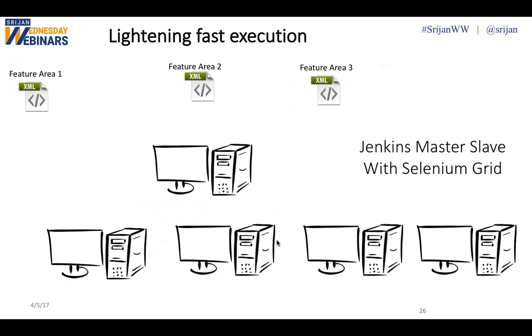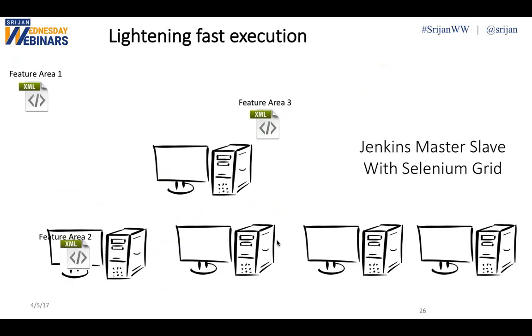What happens over here is, we have a Jenkins master machine and then the Jenkins slave machines. And then we have divided our automation into various feature areas, each feature area having, let's say, 100 to 200 test cases. Now we give those feature areas to the Jenkins master machine to execute, and the master machine in turn tells one of the slave machines to execute those feature areas.